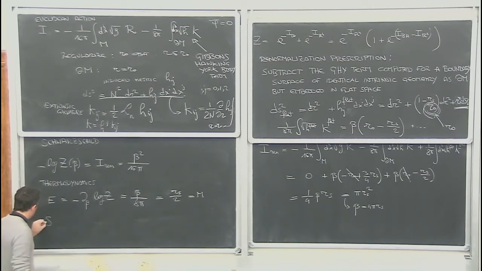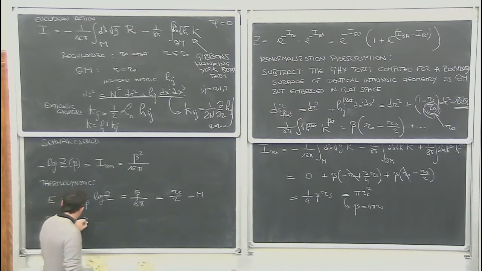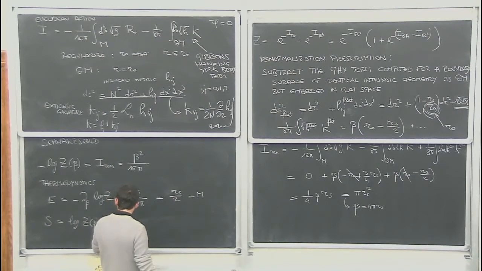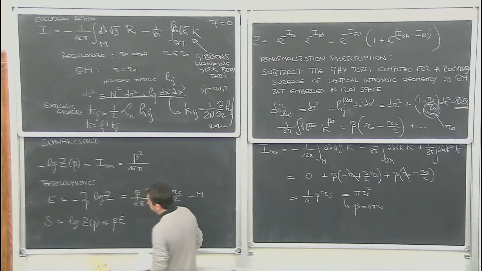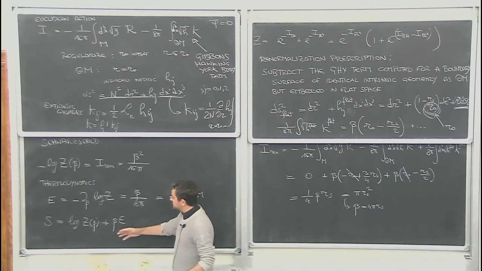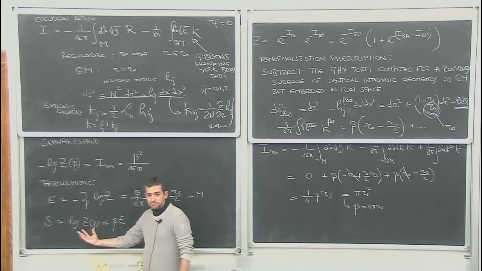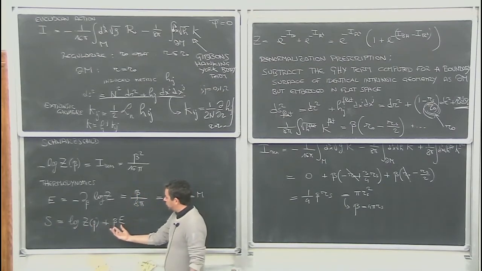Then we can do something slightly less trivial, compute the entropy. The entropy is log of Z of beta plus beta times E. What I'm doing here is rearranging the terms, but it's like doing the Legendre transformation of the canonical partition function with respect to the conjugate variable, that is the energy.